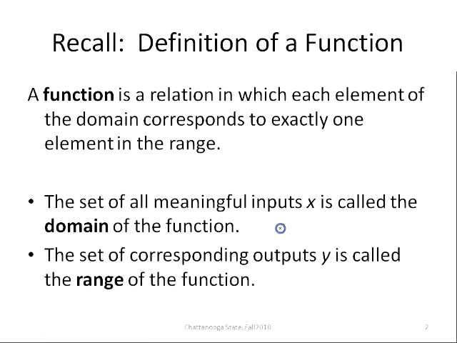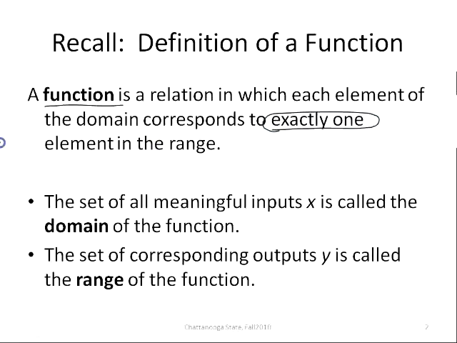First off, let's start by reviewing what a function is. Remember that the definition of a function says that a function is a relation in which each element of the domain corresponds to exactly one element in the range.